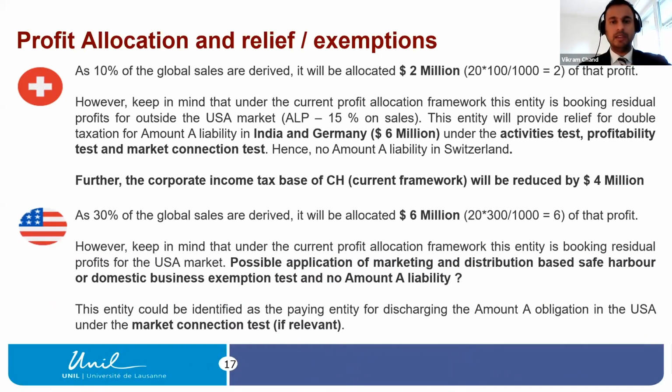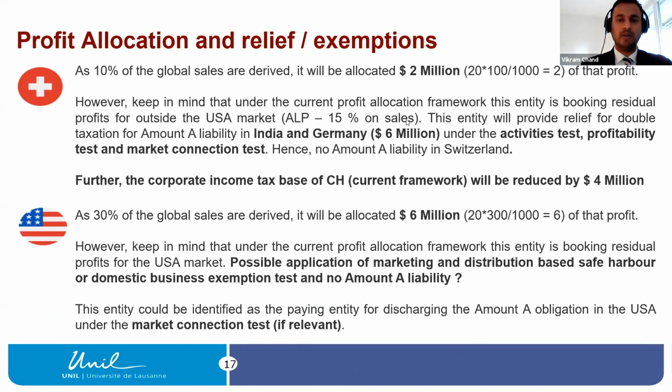At the same time, in the US, as 30% of the global sales are being derived from the US, it will be allocated 6 million of the AmountA income. But keep in mind that under the current profit allocation framework, the US entity is also booking residual profits for the American market.